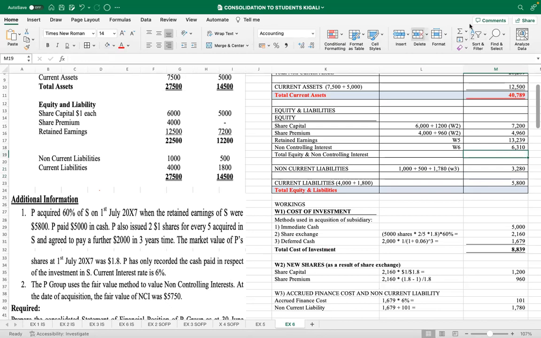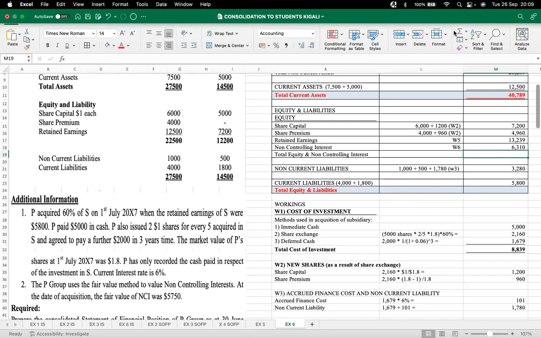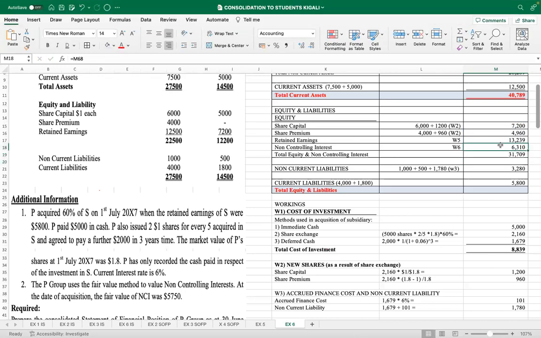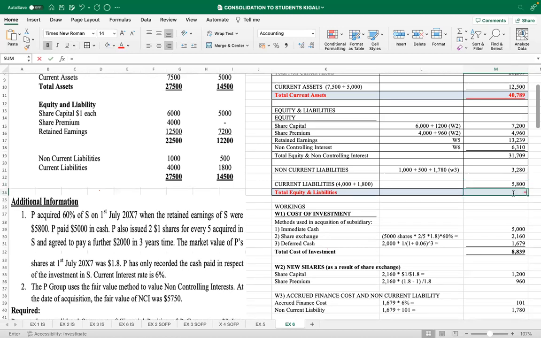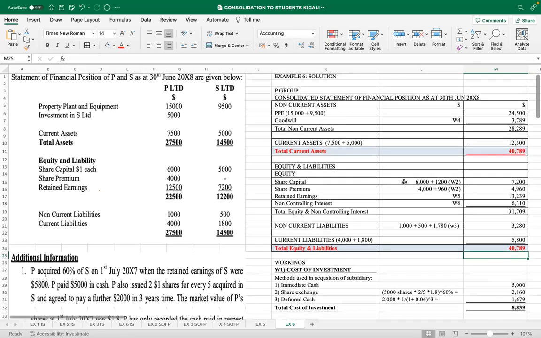The total equity and NCI is that 31, and the total equity and liabilities is 31 plus 3280 plus 5,800. Does it balance? Yes, it has balanced. So that is how we account for cost of investment when we are consolidating the statement of financial position. So you have 2 examples that you can use to practice.